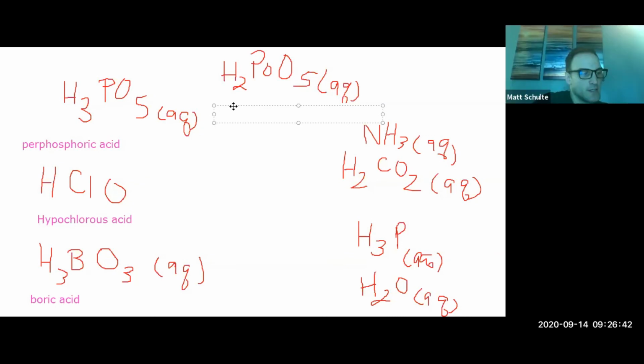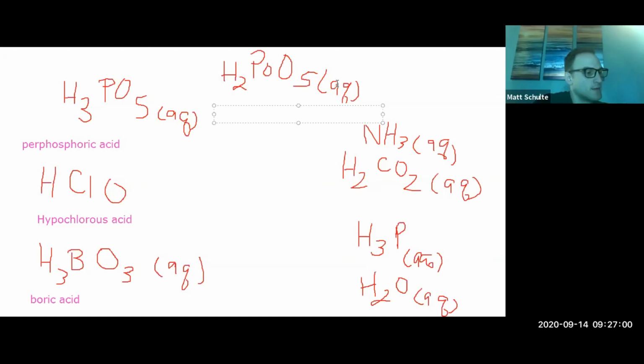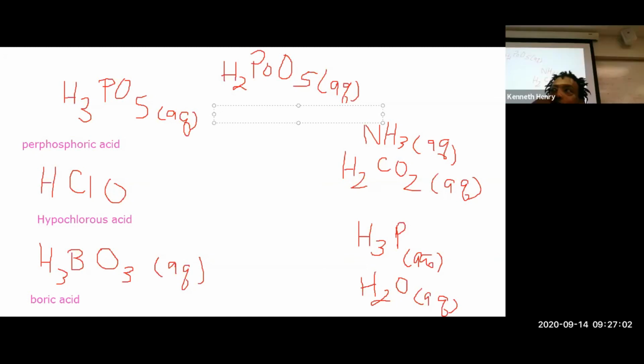Would this be dihydrogen phosphite? Or no? Dihydrogenous phosphite? Is that an aqueous or is it a gas? And remember, this is capital P, lowercase o.